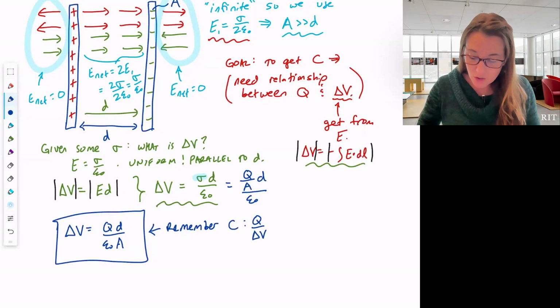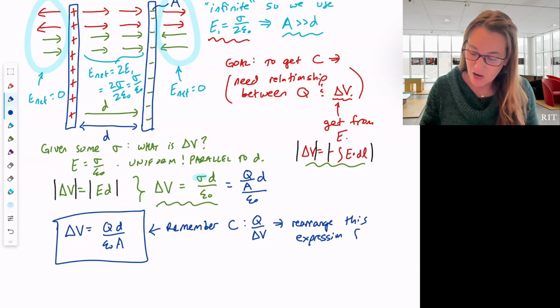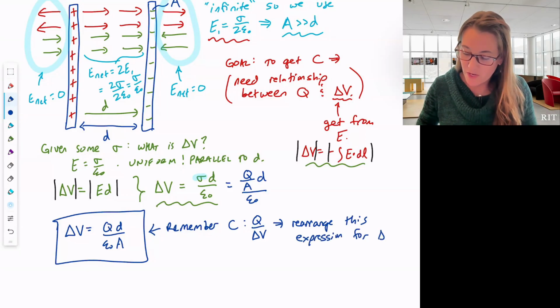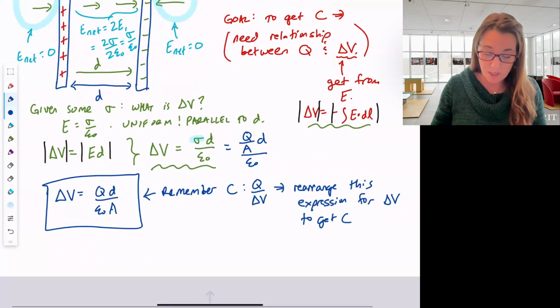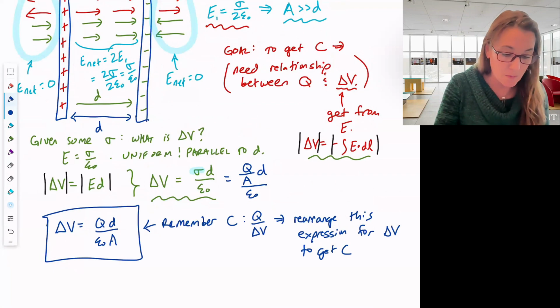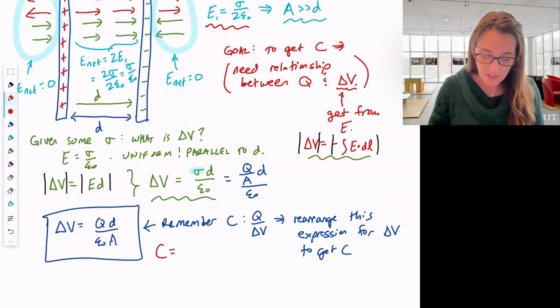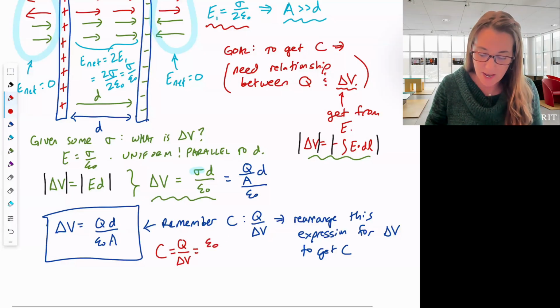So all we do is rearrange this expression for delta V to get our C. That's going to be the plan here. And so we can see that our capacitance, which is Q over delta V, is simply going to be equal to epsilon naught A over d.